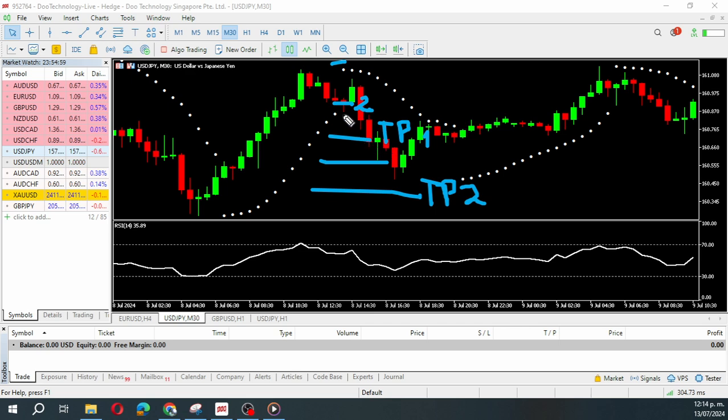So the first position reaches take profit 1, and the second position doesn't go to the take profit 2 area, but when it starts to move against you, you move the stop loss to the take profit 1 area in order to make it safer, right? And if the price touches the stop loss, you will close with earnings, right?